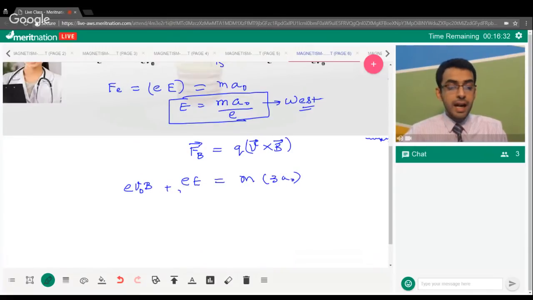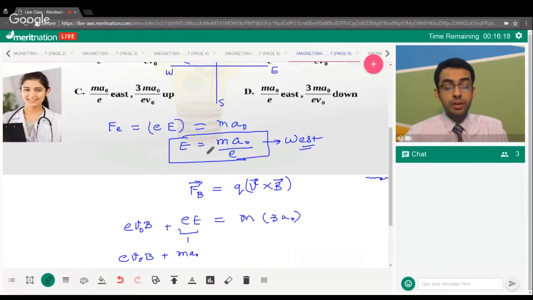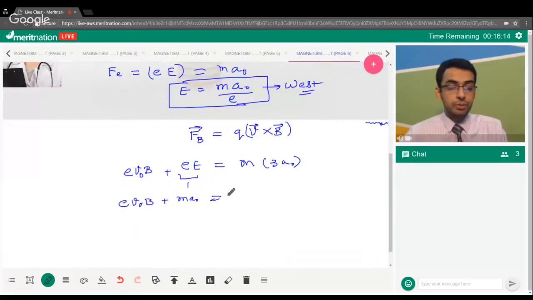And we have learned that e E is equal to m a naught. So this is m a naught. So this is equal to 3 m a naught.